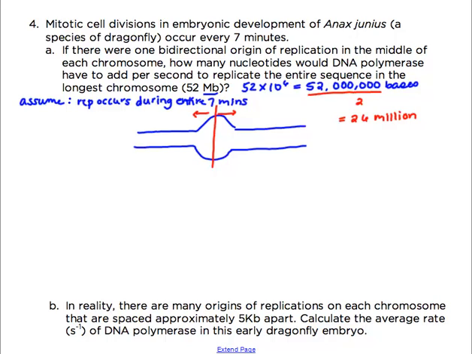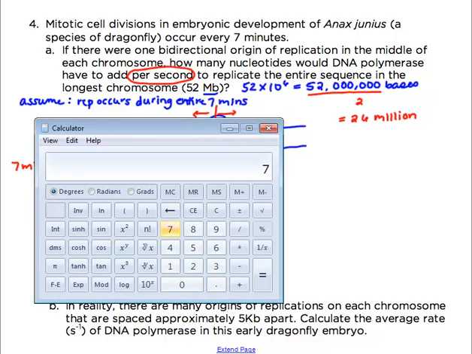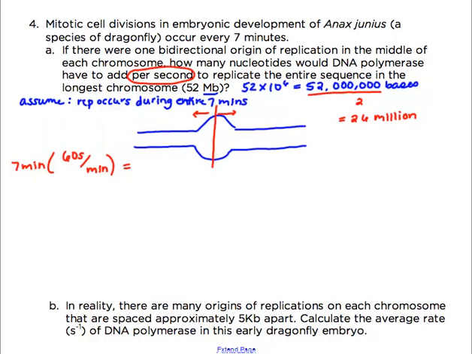So in order to find per second, which is the rate they want, we have to convert 7 minutes into seconds. So we have 7 minutes, and you do 60 seconds per minute, and that gives you 420 seconds.